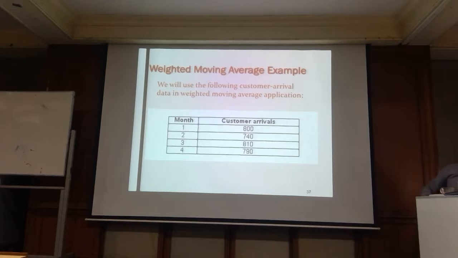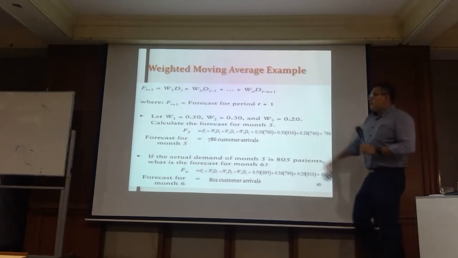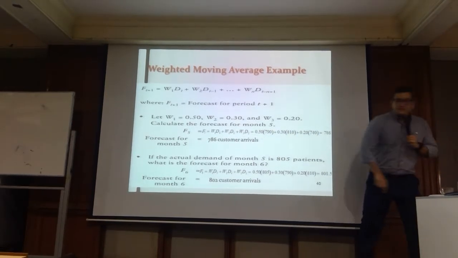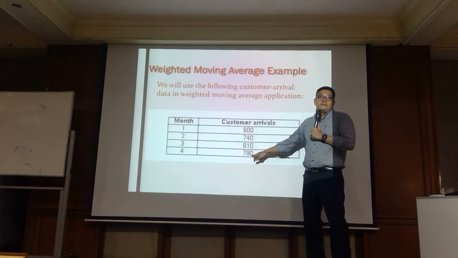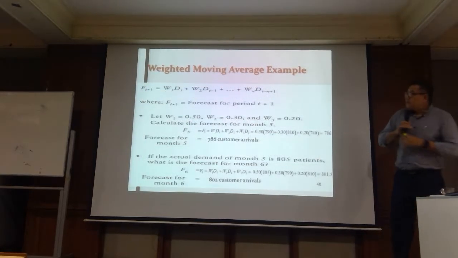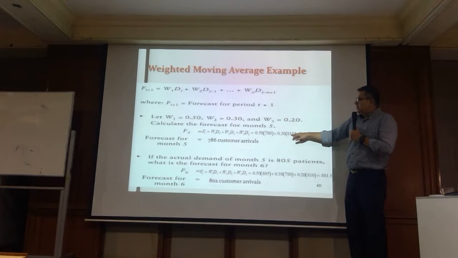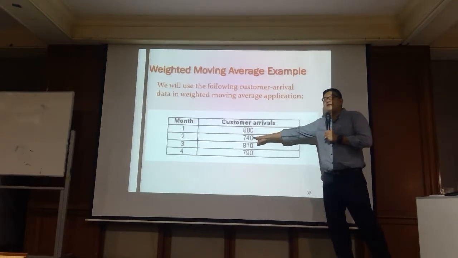So we have information for 4 months. This is the actual value. If I would like to use the weighted moving average to forecast month number 5 for the customer arrival using the weights 0.5, 0.3, 0.2, you can easily calculate by using 0.5 as the first weight, multiplied with the very current data, month number 4, 790, plus weight 0.3 multiplied with the next actual data, 810, and plus 0.2 multiplied with 740.